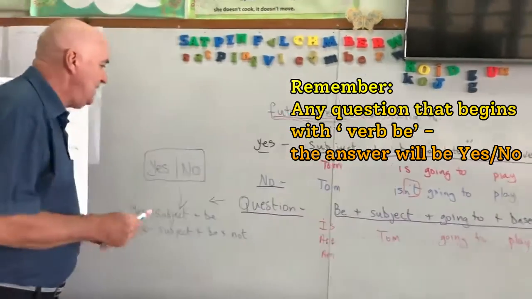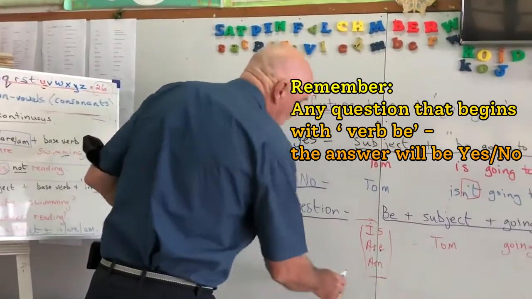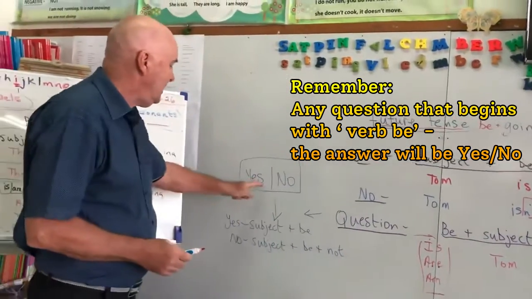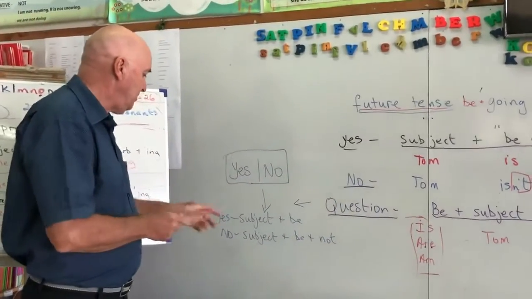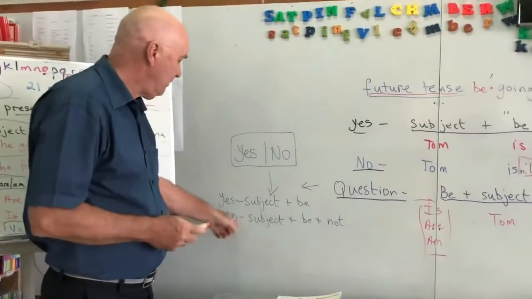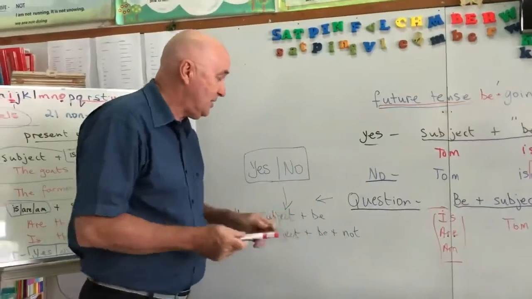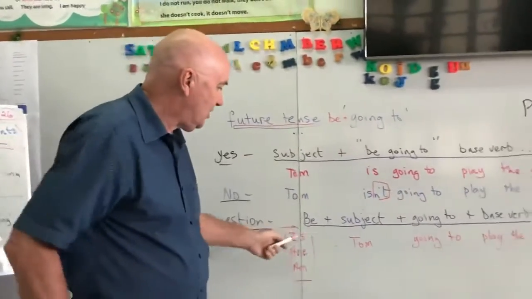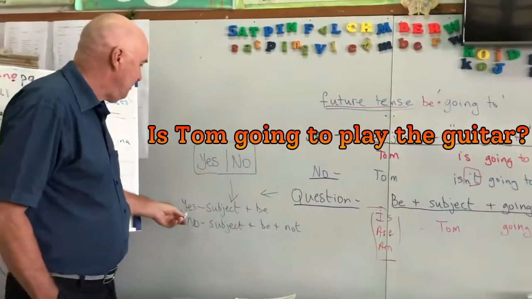Now, any question that begins with the verb be, the answer will be yes or no. If the answer is yes, it will be the subject and be. If the answer is no, it will be the subject plus be and not. So like this, if our question is is Tom going to play the guitar?